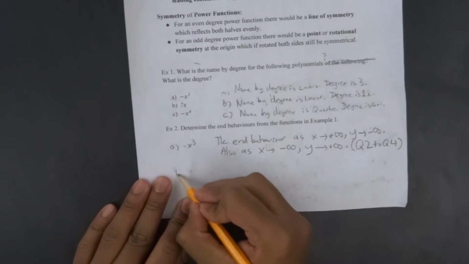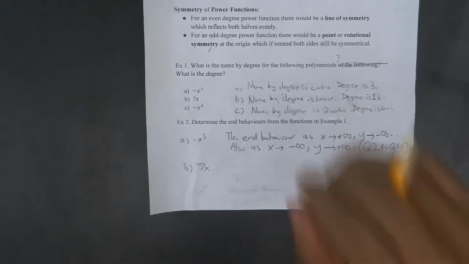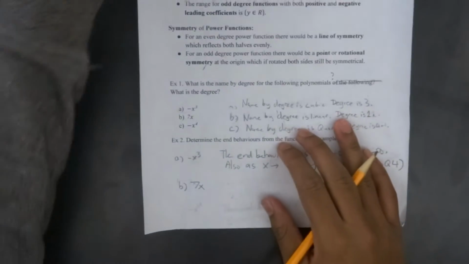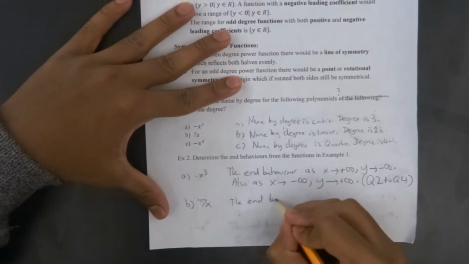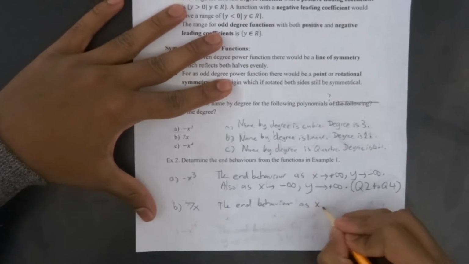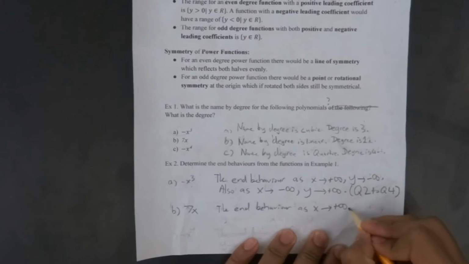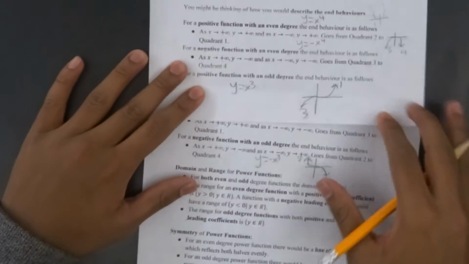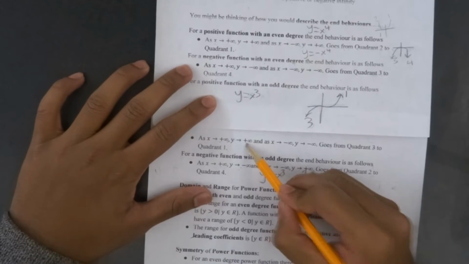Moving on to the next one, B, 7x. It's a positive odd degree function. So I'll just write again the end behavior as x approaches positive infinity. Going back to your notes again, you would see that for a positive function with an odd degree, as x approaches positive infinity, y also approaches positive infinity.